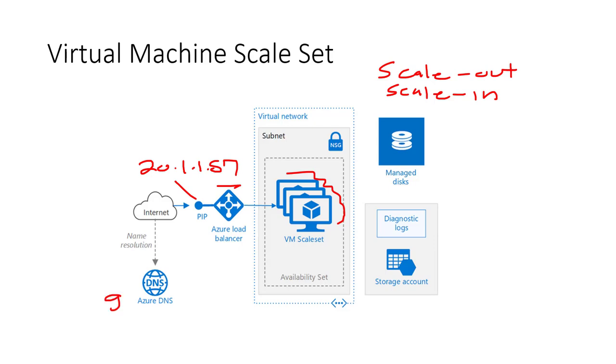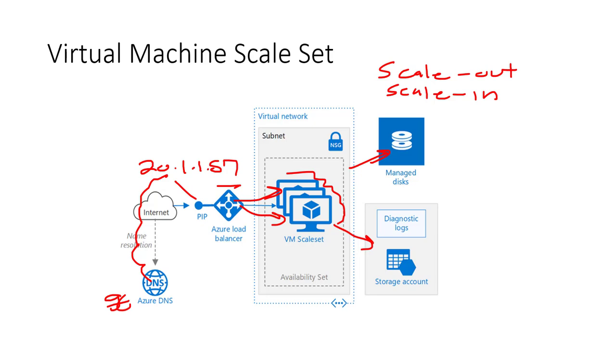So anyone out on the internet that ultimately connects to our web application, they get connected to this IP address, which is the public IP address of the load balancer, and it then load balances traffic between however many instances we actually have. So those two things will work hand in hand, load balancer and the virtual machine scale set itself. We can also have this associated with managed disks. For logging, we can have storage accounts that will be the repository for any type of diagnostic logs.